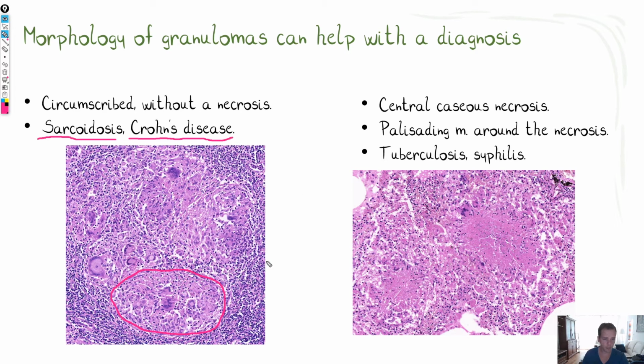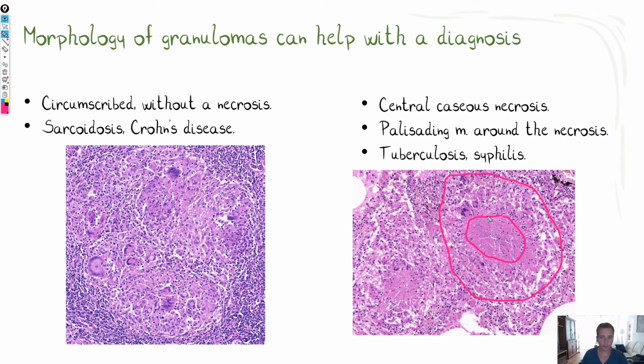So the first morphological type of immunogranulomas is a granuloma without necrosis. The second type is granuloma with caseous necrosis. There is a central caseous necrosis with epithelioid macrophages on the periphery, because the whole thing is a granuloma.